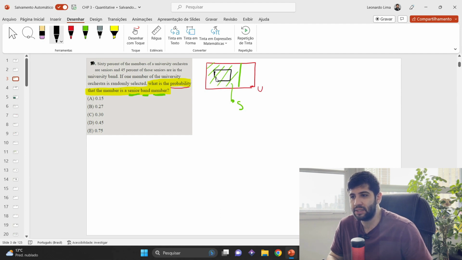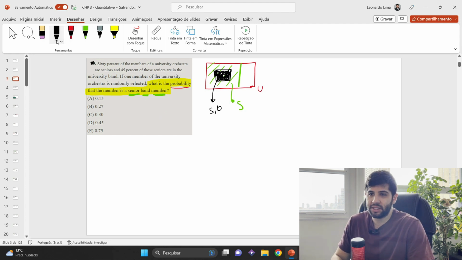So you paint here, and it's a little bit ugly, but you can understand that inside this we have members that are seniors and belong to a band. They are part of this university band.